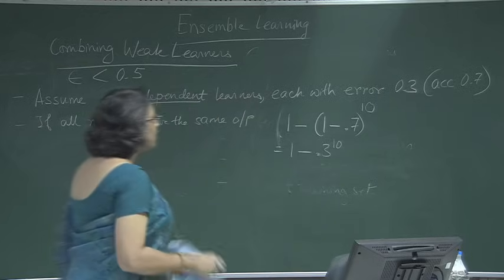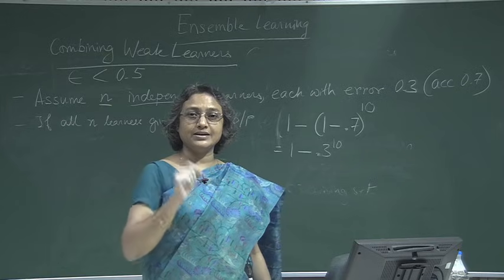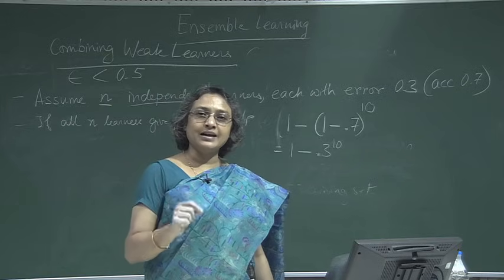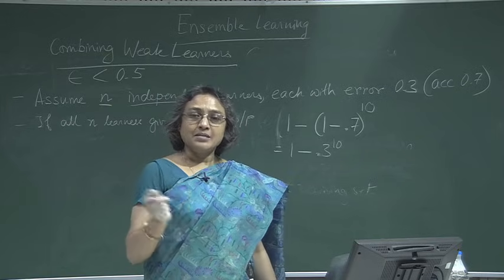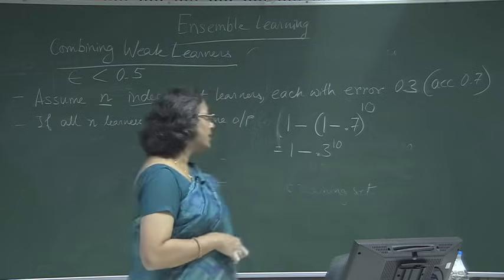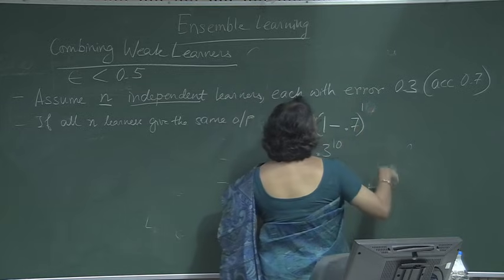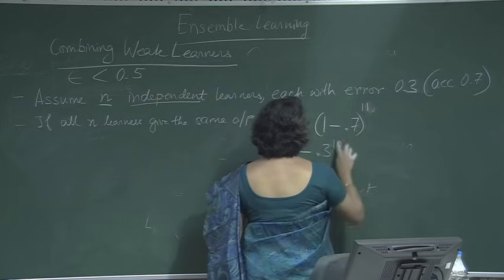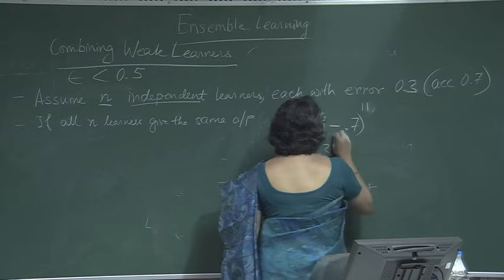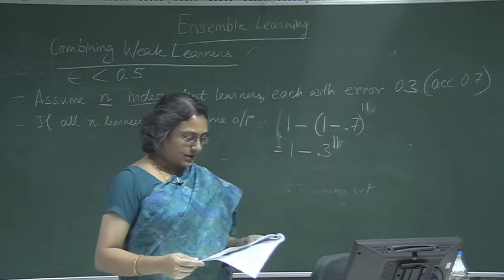Since the learners are independent, it is unlikely that all of them will agree, but some of them will agree and we will get a majority. In fact, if you want to get a majority for a 2-class problem, instead of using 10, we can use an odd number, we can use 11, so that we have a majority.